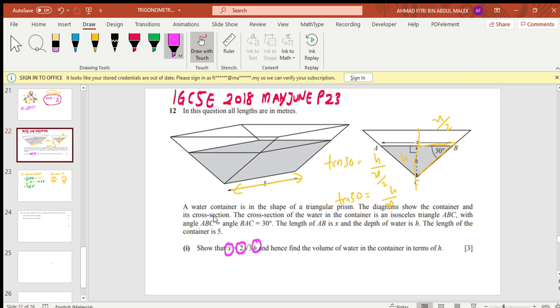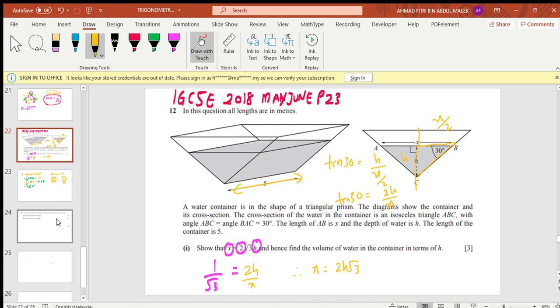Therefore we can write that 1 over √3 equals, sorry, I missed number 2 here, 2h over x. Therefore x equals 2√3h. So proven now. Done with that part.